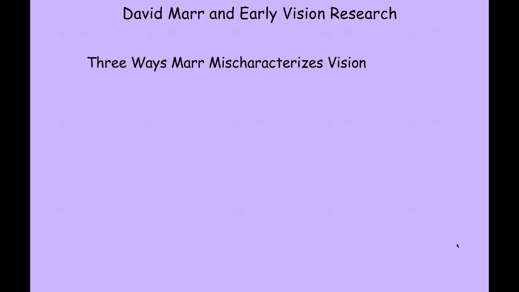And ironically, even though he was refining our proto-theoretical notion of vision and trying to refine our way of explaining that using computational theories, he still includes things in it that are our ordinary intuitive notion about what vision really is and how it functions. And we'll start with this first way that he mischaracterizes vision in this lecture.